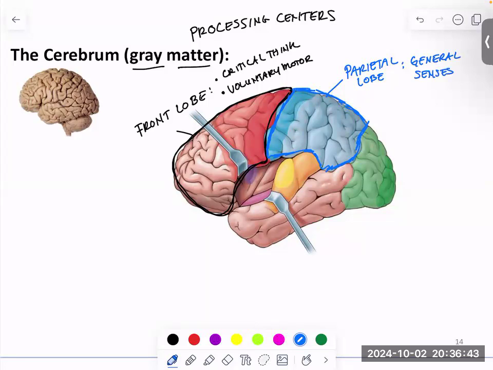General senses are processed by the parietal lobe. Parietal lobe is also responsible for other things like math. Math. You're not so good at math. But the parietal lobe to blame. I would have thought so too.